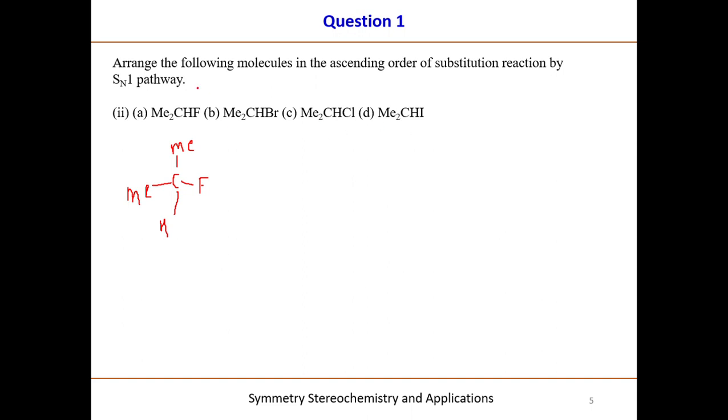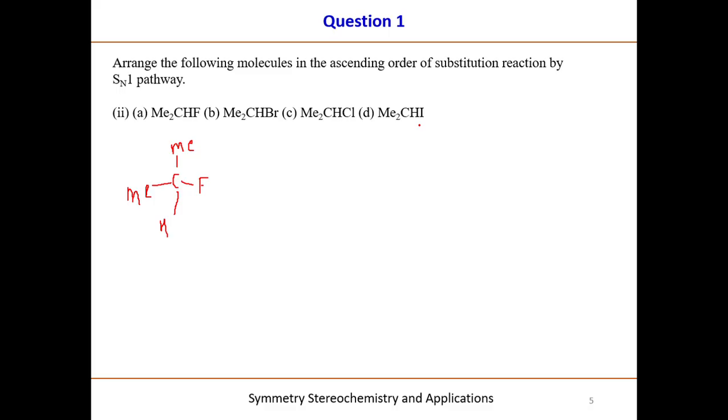So fluorine is the most basic one. As I told you, from top to bottom, the basicity decreases. So fluorine has the highest basicity among these halogens, and iodine has the lowest nucleophilicity or basicity.